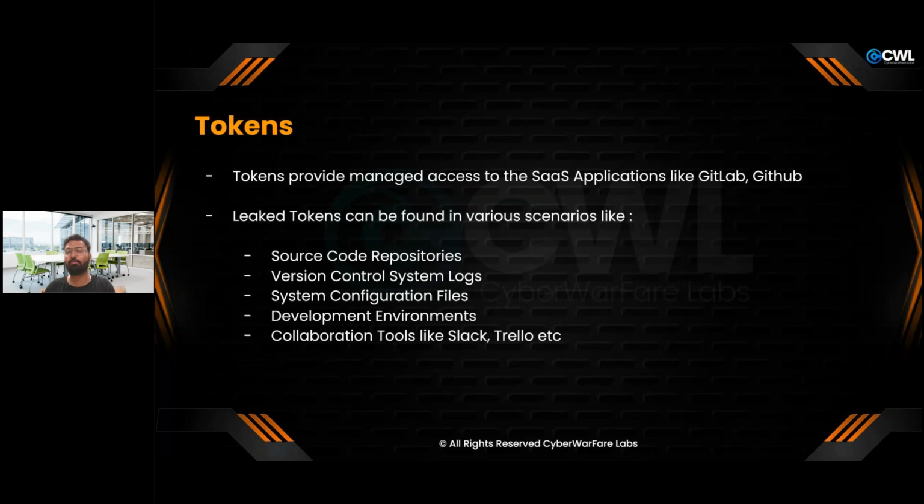There they used to have discussions. Let's say they impersonated employees of the organization. They got the privileged access token, they got the credentials, bypassed the multi-factor authentication, and got higher level access in the domain environment. So these are some of the places where red teamers or pen testers might find these tokens leaked.